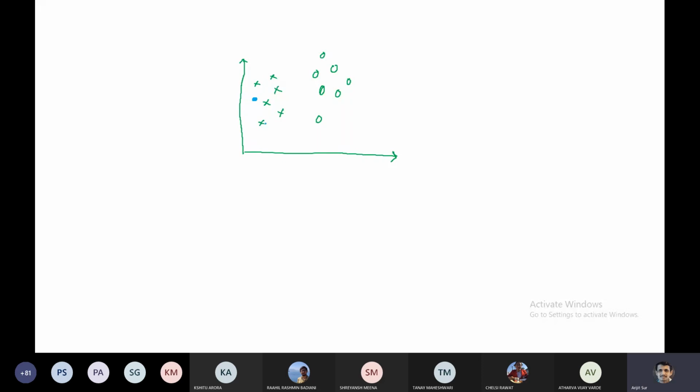Can you say which class this data point belongs to? It is a two-class problem. One class is cross, and the other is the second class. Which class does this particular point belong to?